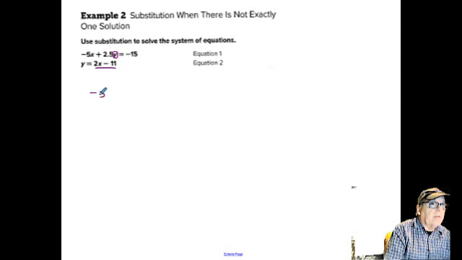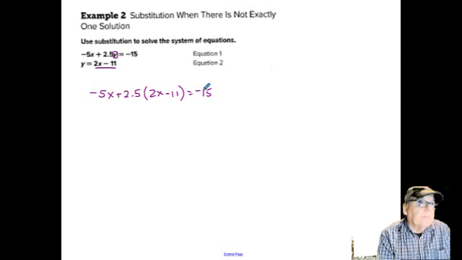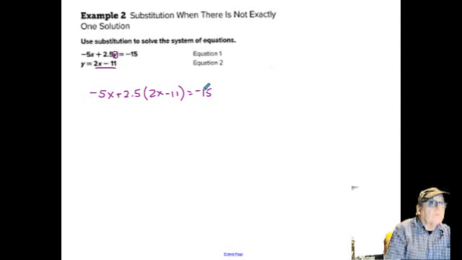So we have minus 5x plus 2.5 times y, but y is equal to 2x minus 11. And that's going to be equal to a negative 15. Have to distribute. 2.5 times 2 is 5, so we get 5x out of this part. We have a minus 5x over here already.